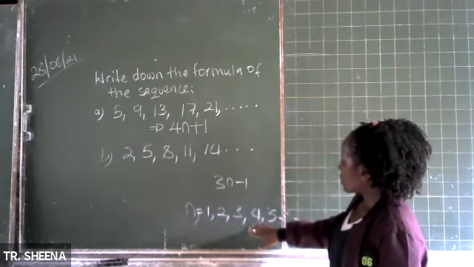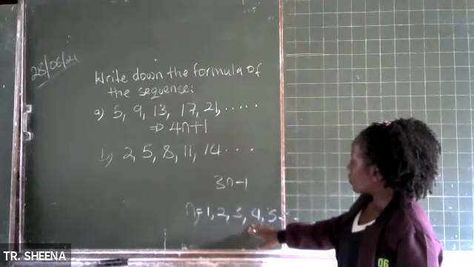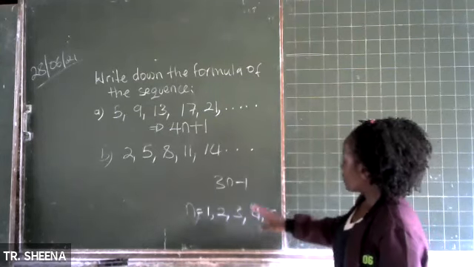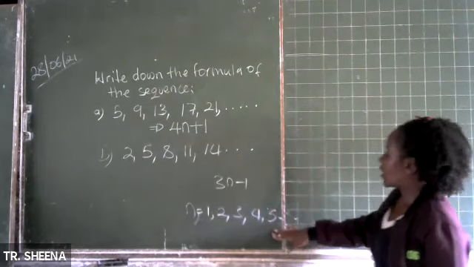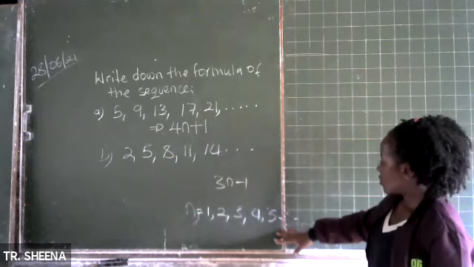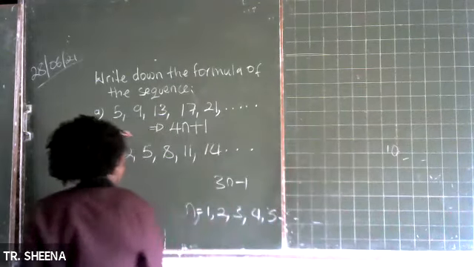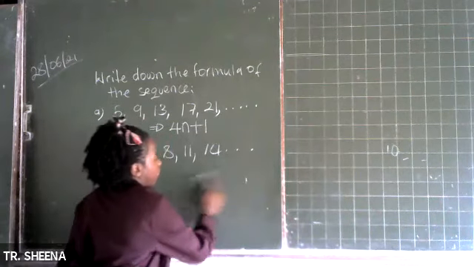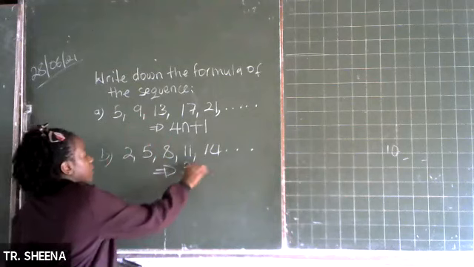Then 3 times 4 is 12, minus 1 is 11. Then 3 times 5 is 15, minus 1 gives you 14. Okay, so our formula is 3n minus 1.